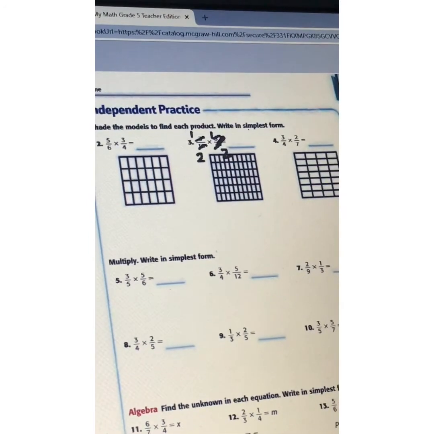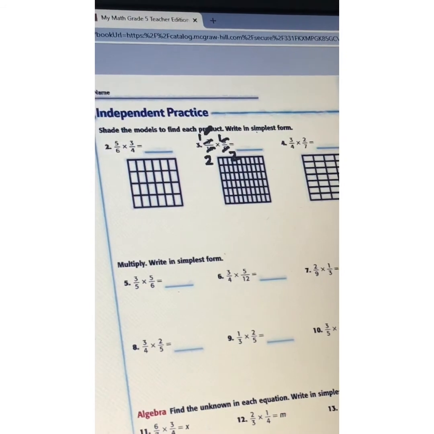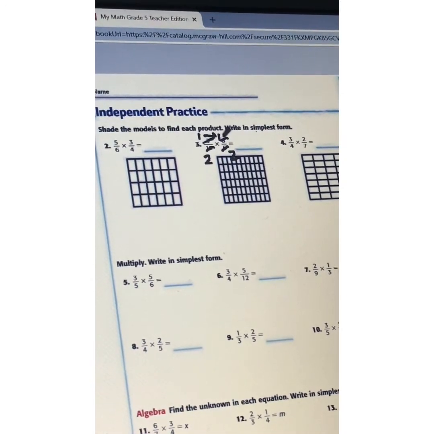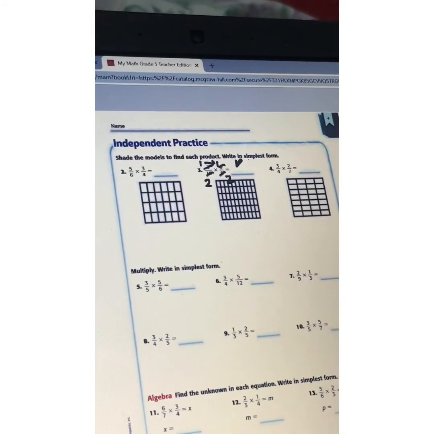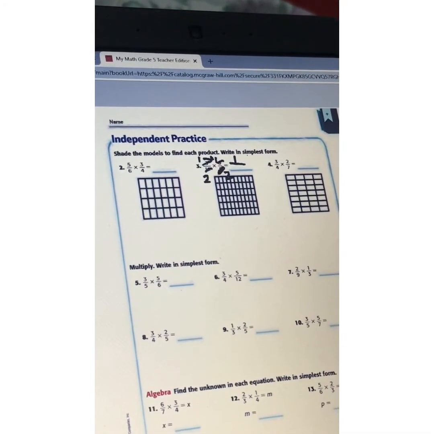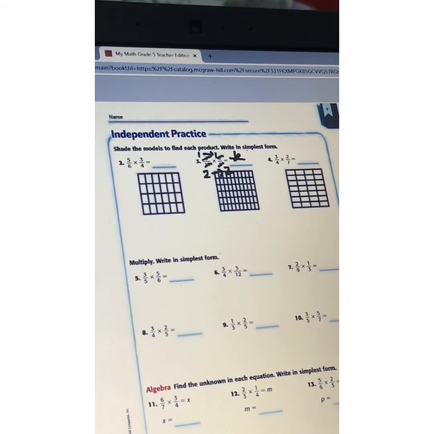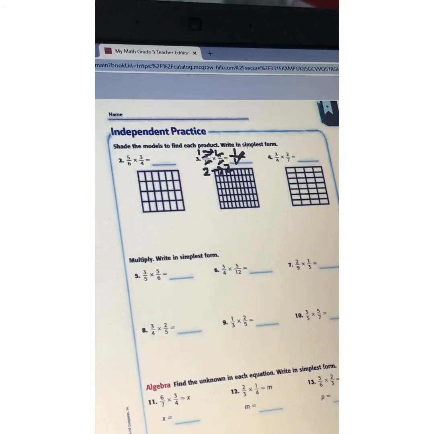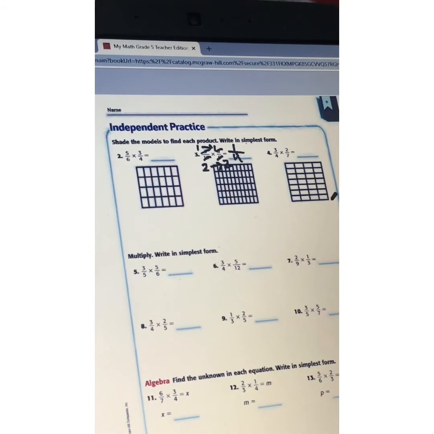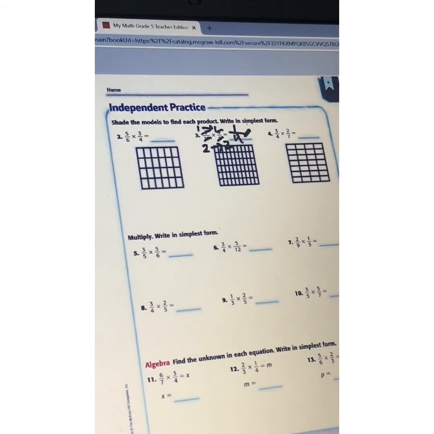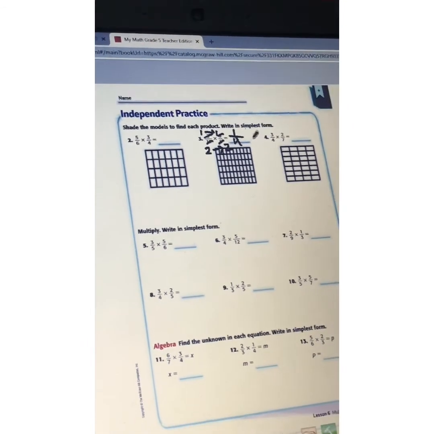After that, after simplifying the numbers, we can now multiply numerator with numerator. 1 times 1 will get 1 over 2 multiplied by 2 will get 4. Okay? So that is our answer, 1 over 4.